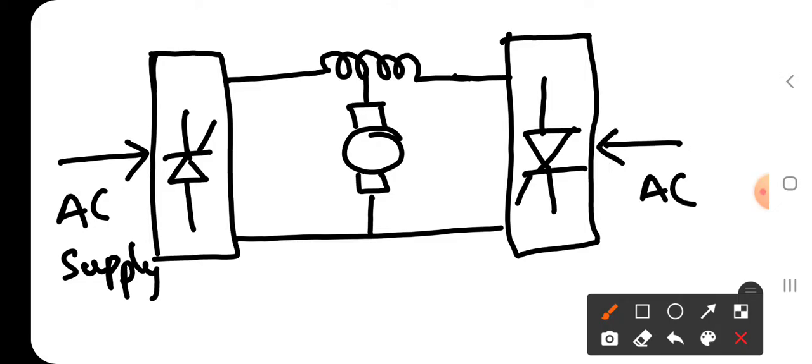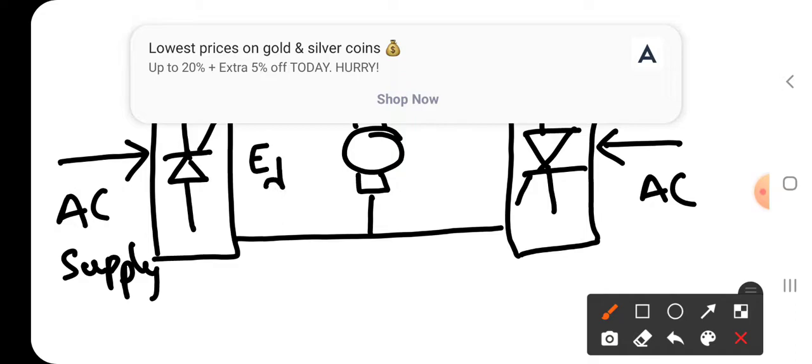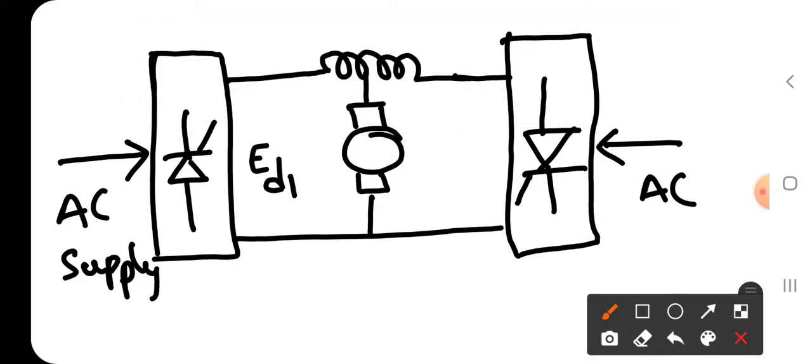Let me assume the output voltage of the positive converter is ED1, with polarity plus minus, and the current may flow in this fashion.